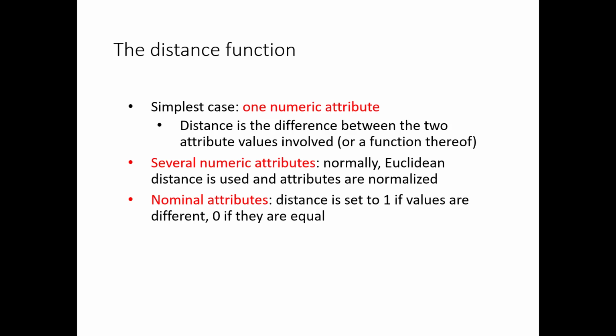If you have something like that, then how do you define the distance? The idea is, if you have the same values, we say the distance is 0. But if you have different values, then we say the distance is 1. Right? So that's what we use.